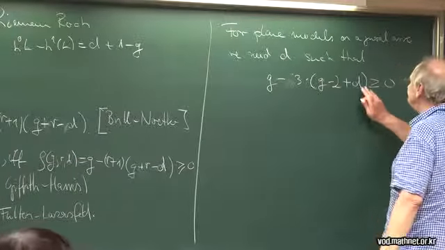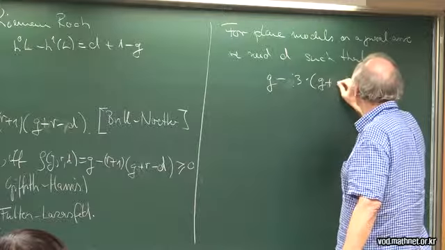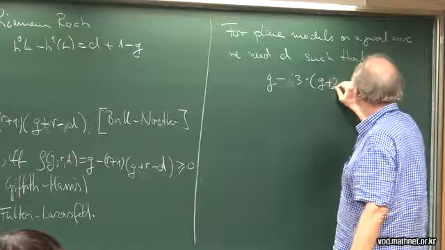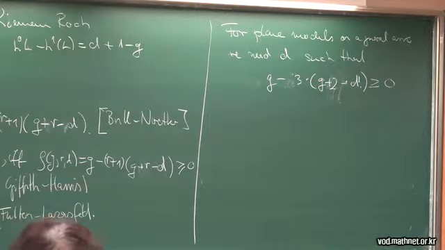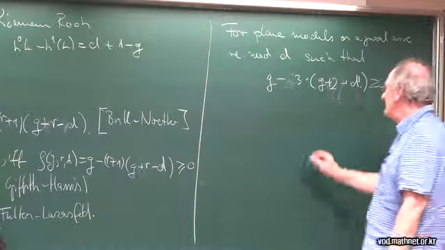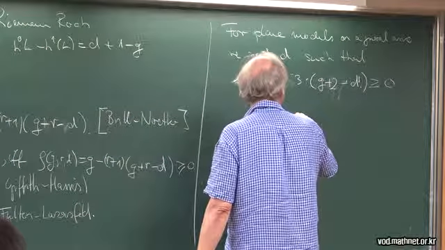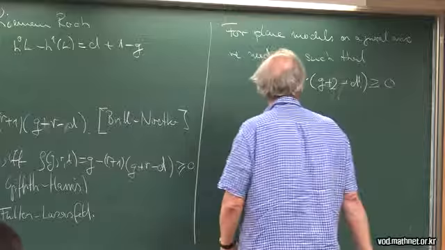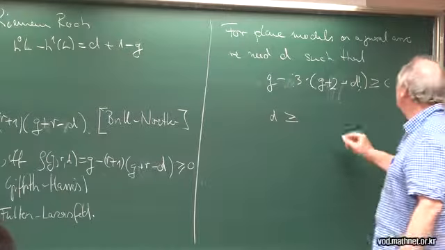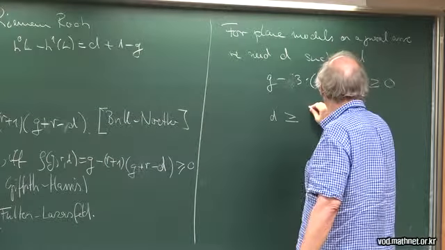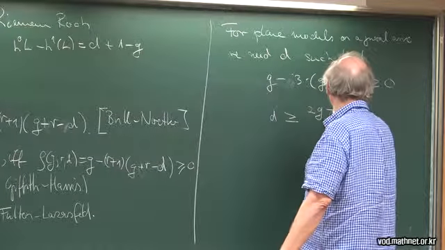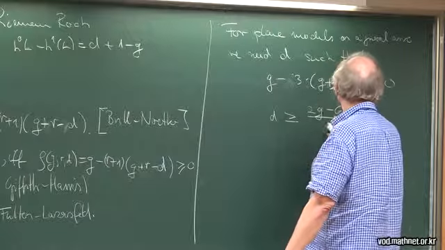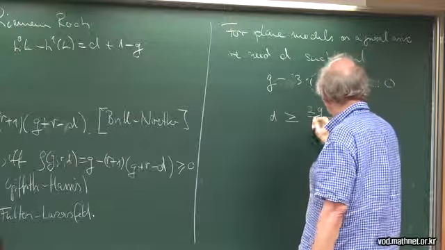So g plus 2 minus d is greater or equal to 0, and that means that d should be larger or equal to (2g minus 6) divided by 3, and then I should round up.